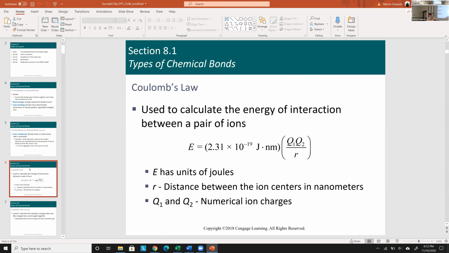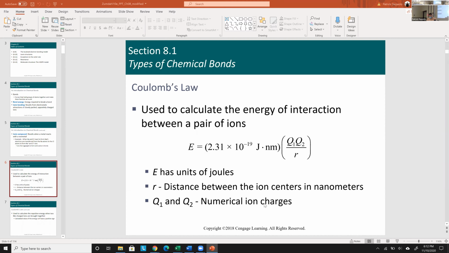That's very important. This equation will be given to you, and it has two variables that change the energy associated with that bond, meaning the bond energy. Those variables are Q and R. Q is the numerical ion charge.